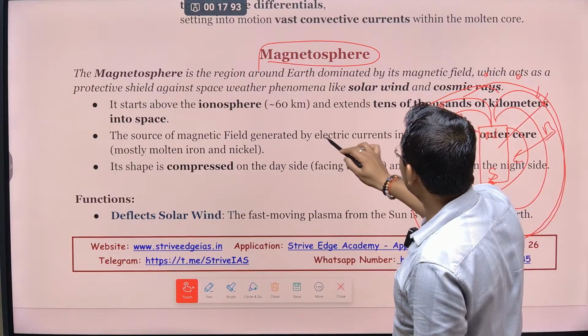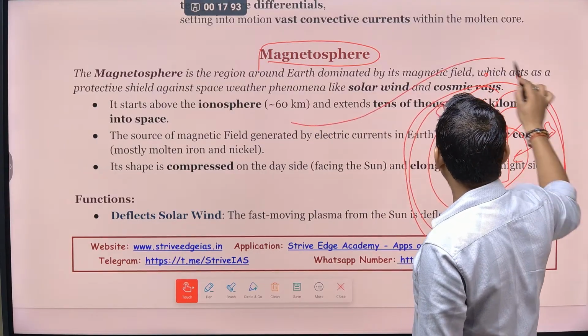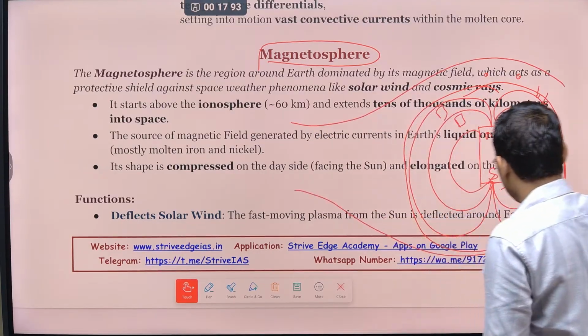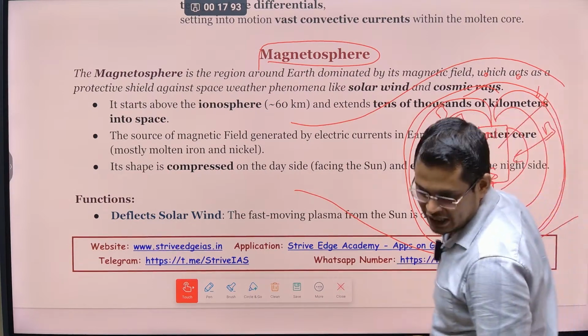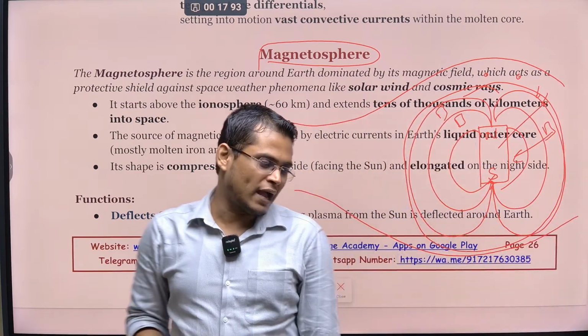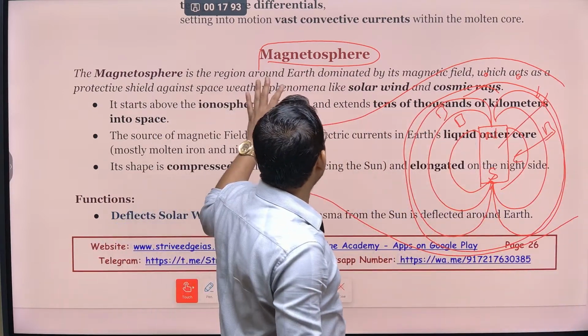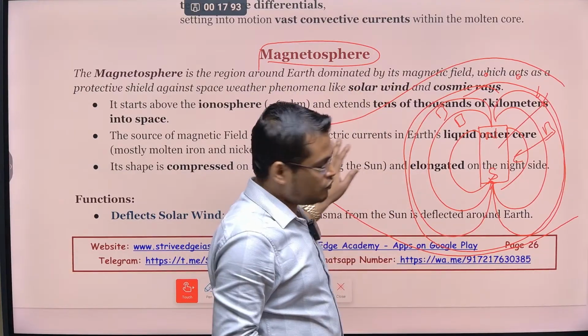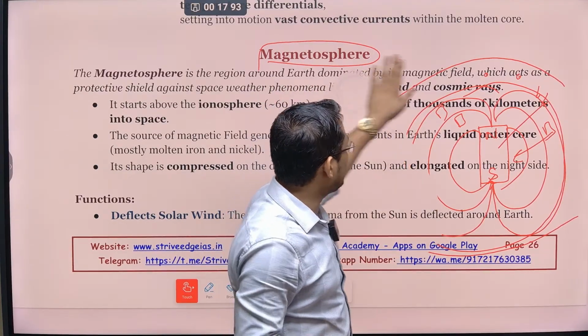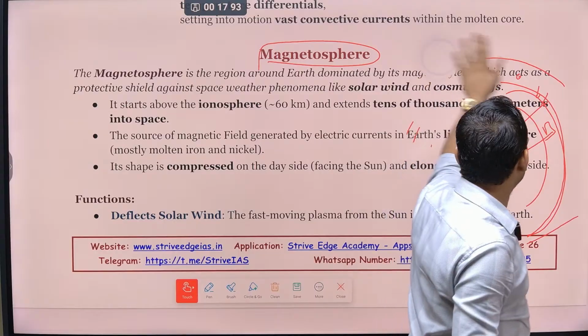And if you bring some charged particle into this magnetic field, it is going to be deflected. Okay, so this is the property of magnets. This is what happens in the case of Earth also, so we are going to see how Earth acts like a magnetosphere.